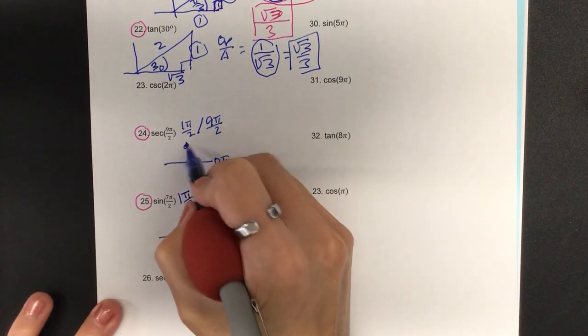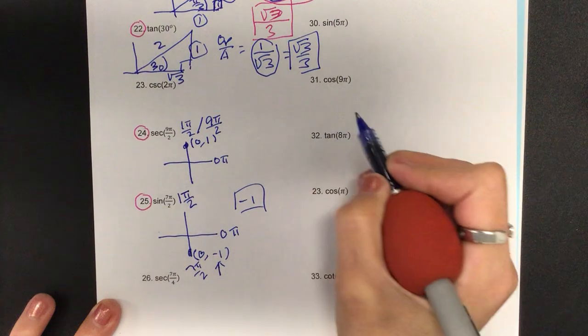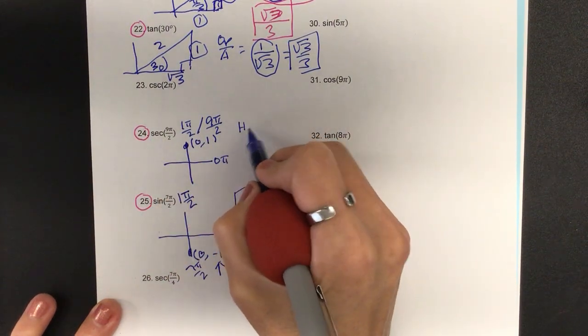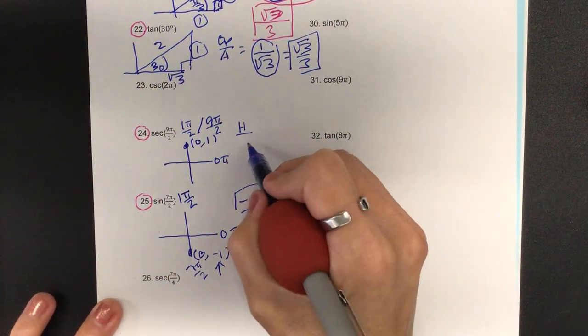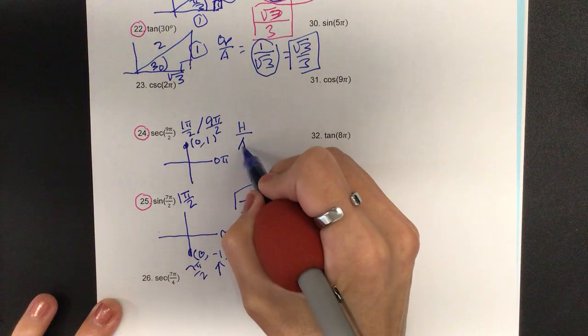What was the ordered pair of that value? 0, comma 1. And secant is hypotenuse over the what? Look at your notes. Secant is hypotenuse over adjacent.